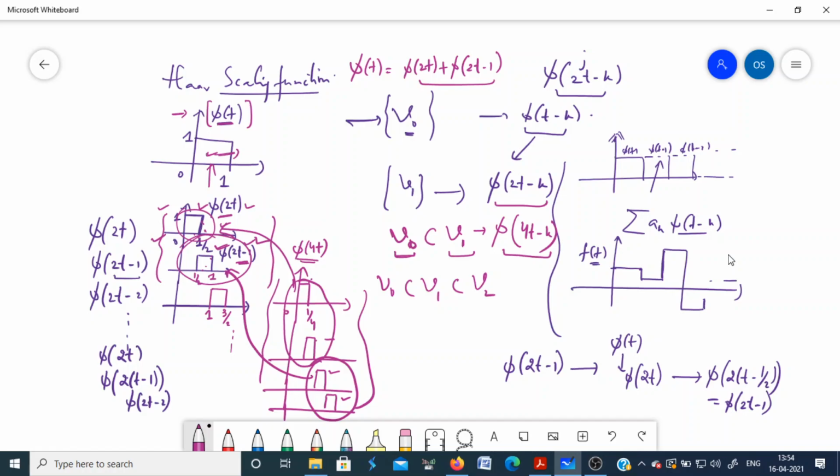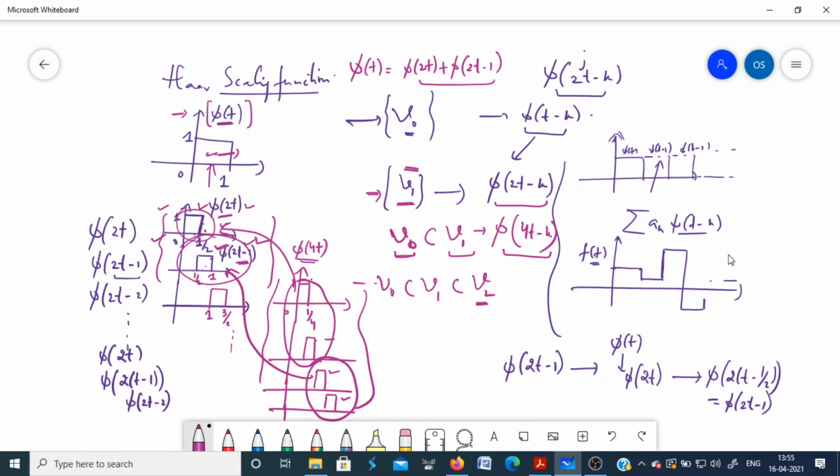So the expansion functions of this space V1 can be generated from the expansion functions of this space V2. It means whatever signals you can represent in V1 will of course come in V2 space, and V2 space will have even more signals which may not be represented by this space.